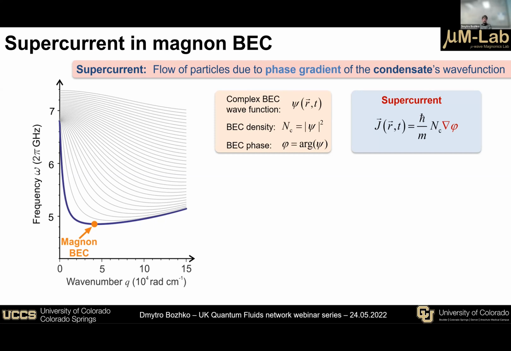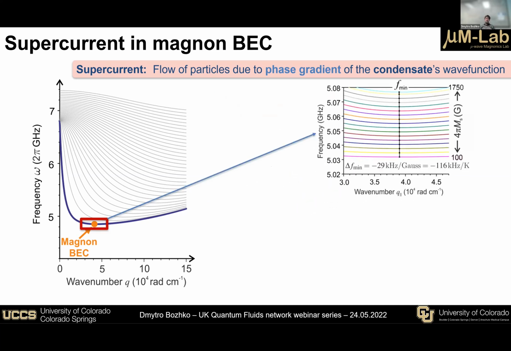Here, in order to induce the phase, since our magnons are waves, we can tune a bit the frequency of one portion of the condensate, and then expect that over time that will develop into a phase gradient.